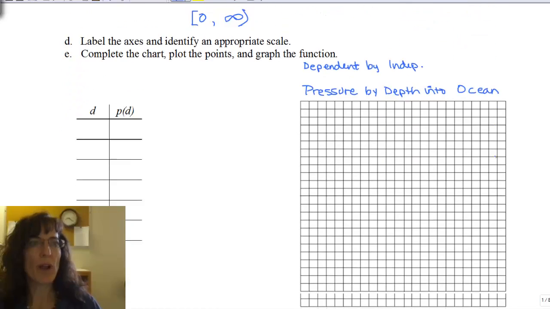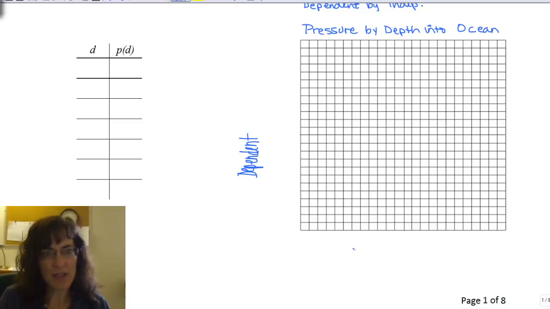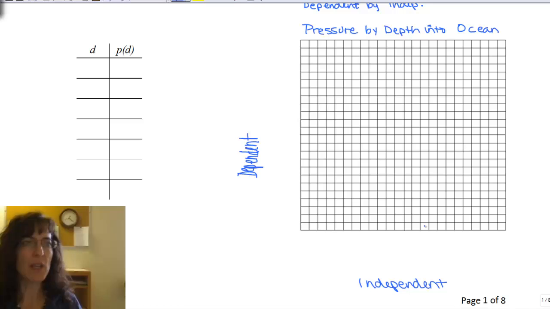And then when we're graphing even further, on the left-hand side, that is going to be our dependent and independent on the right variables.